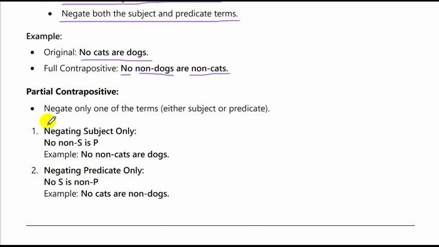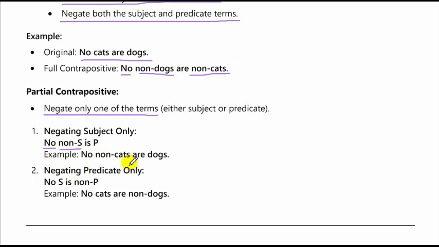In partial contrapositive, we negate only one of the terms, either the subject or the predicate. So negating the subject only, in this case we'll write the E proposition as no non-S is P. So we have negated the subject.